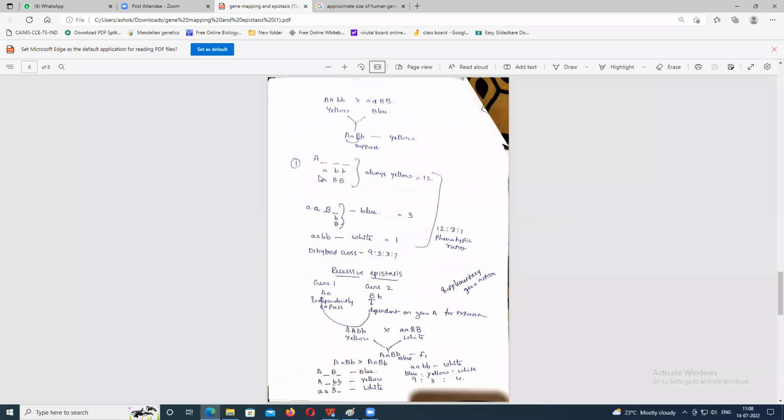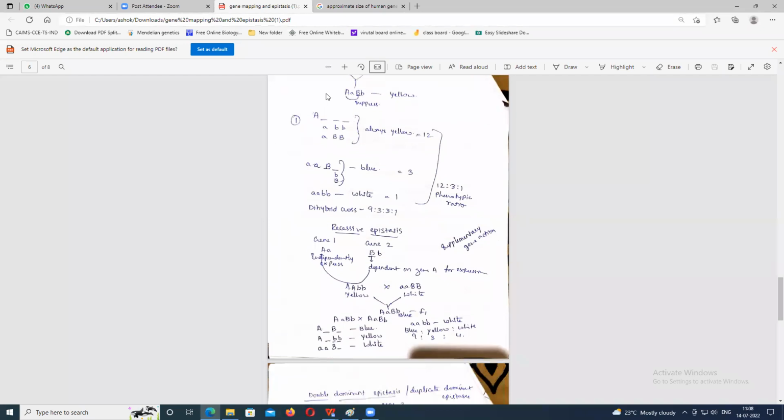With this information, we can write the ratio: if A is present, normally the genotype is 4 letters, we write one capital A and the other places can be anything.